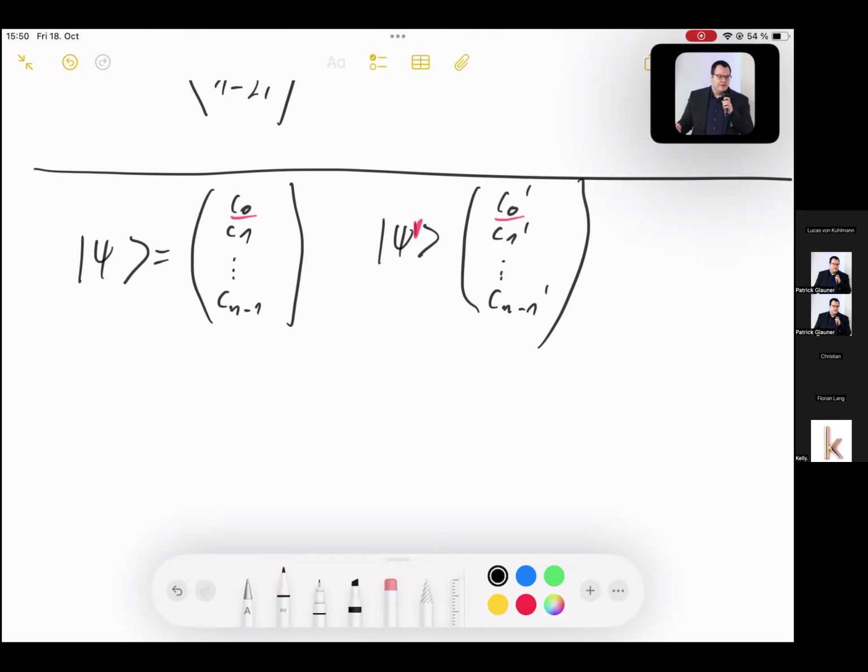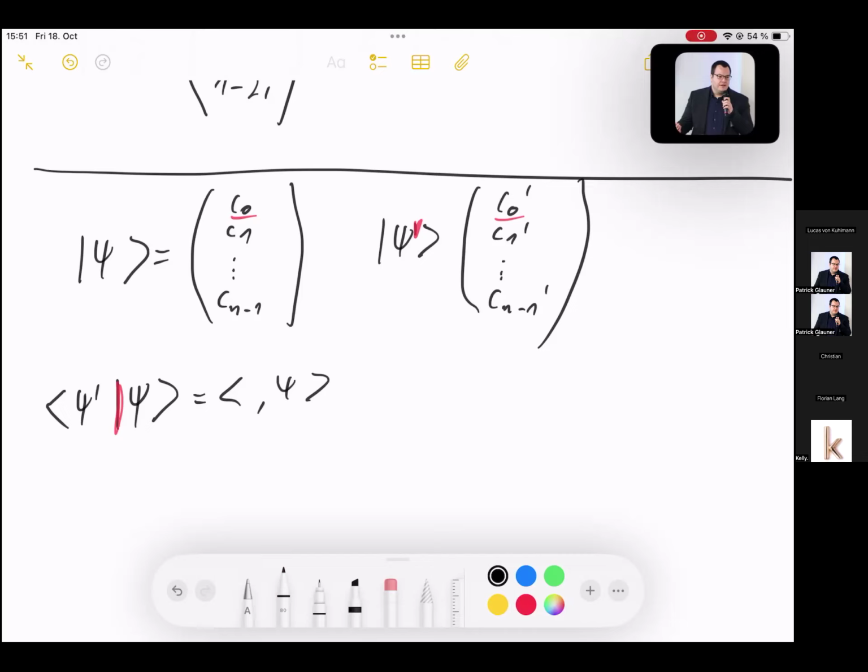Rather, what we need to calculate is: we have psi ket and we multiply this from the left with psi prime bra. This is sometimes written in a slightly simpler notation, where this sign is just turned into a comma, but this means exactly the same.